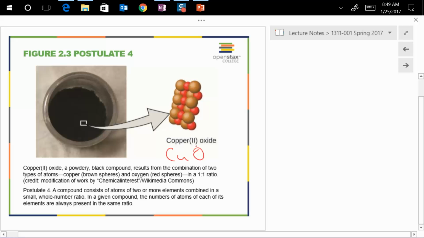So 1 copper for every 1 oxygen. I guess they're just not showing it, but that would be the whole number ratio. All elements come in whole numbers. You can't have half of an oxygen. You have to have a whole oxygen. So that's a good postulate.